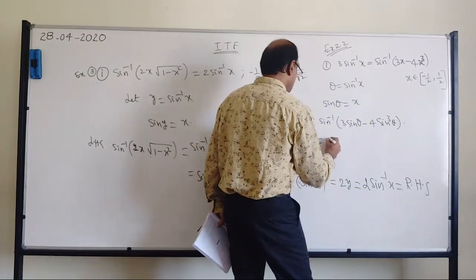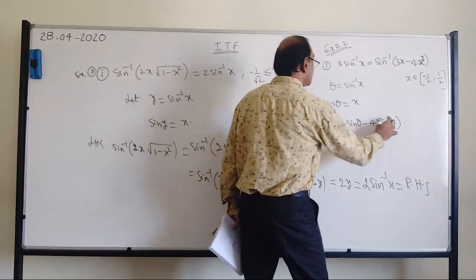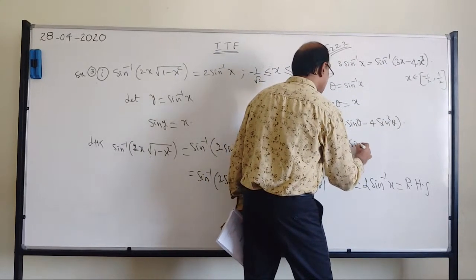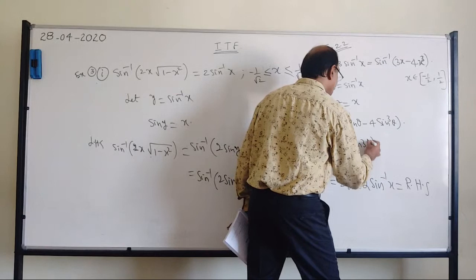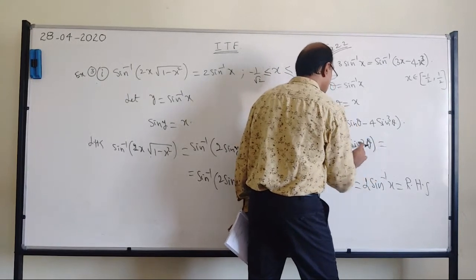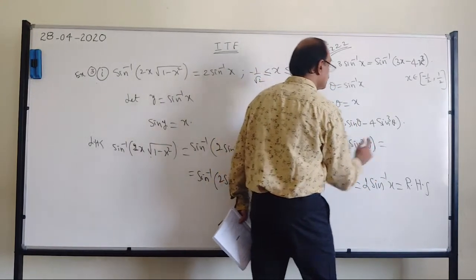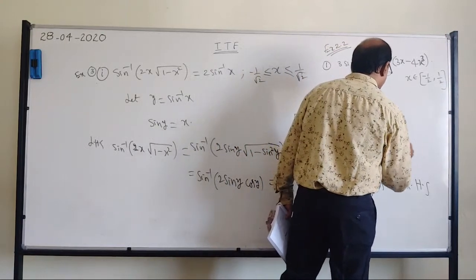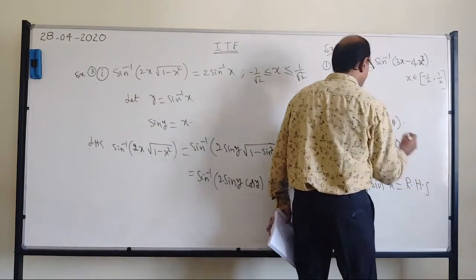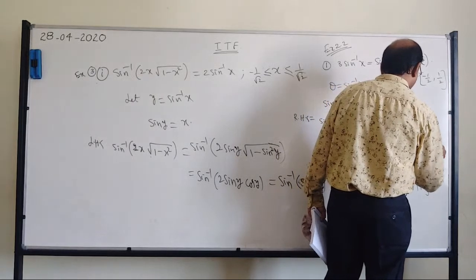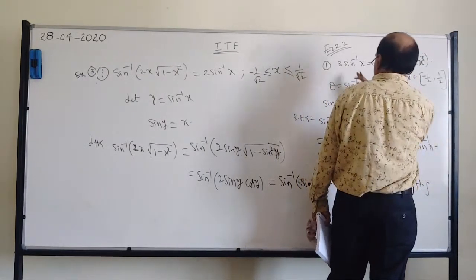So can you, does something come to your mind? If you see, this is nothing but the sin 3 theta formula. So now sin inverse sin is gone. So you get 3 theta. What is 3 theta? Theta is sin inverse x. 3 sin inverse x, which is equal to your LHS.